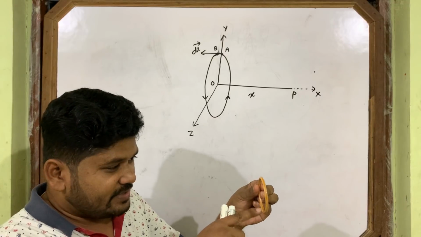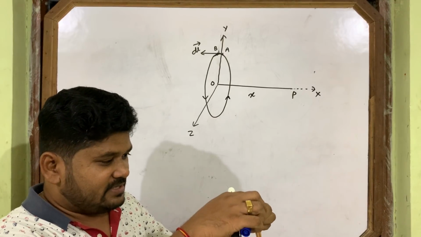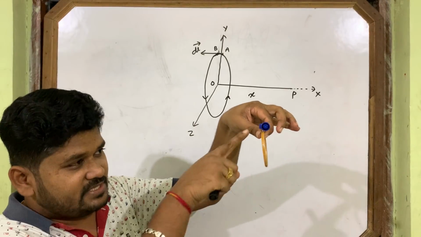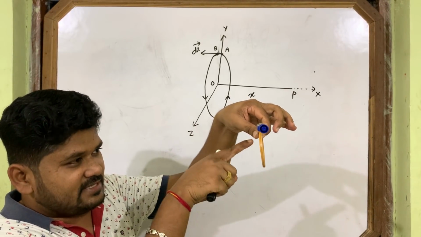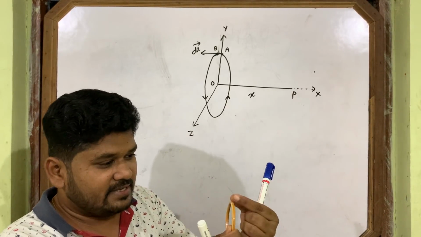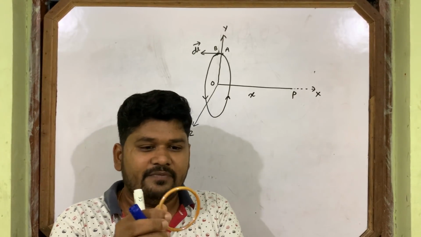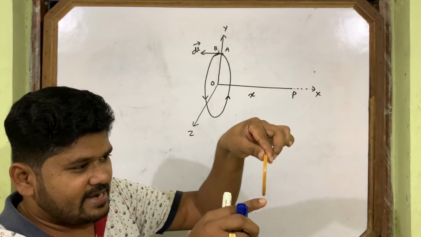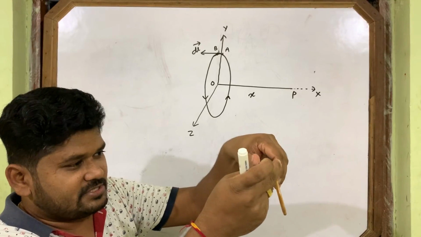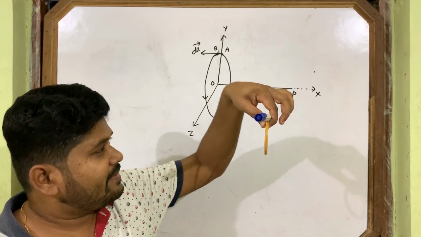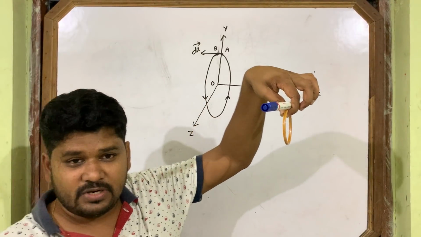I choose the small element like this. This is the dl vector, a very small part I take here, and current is passing like this. So this is the small element. Understand? Okay, practically you can understand what the small element is.